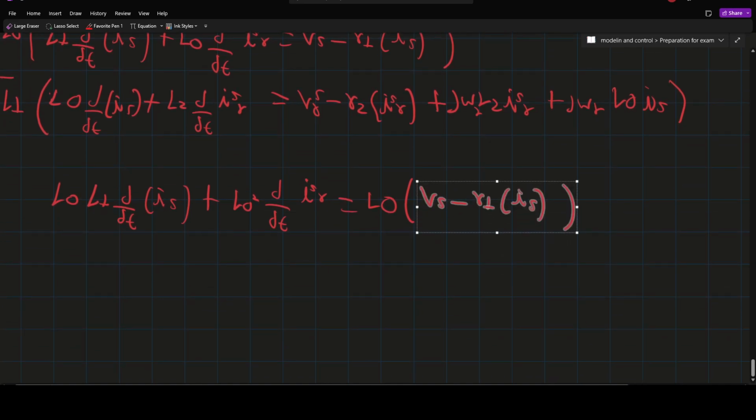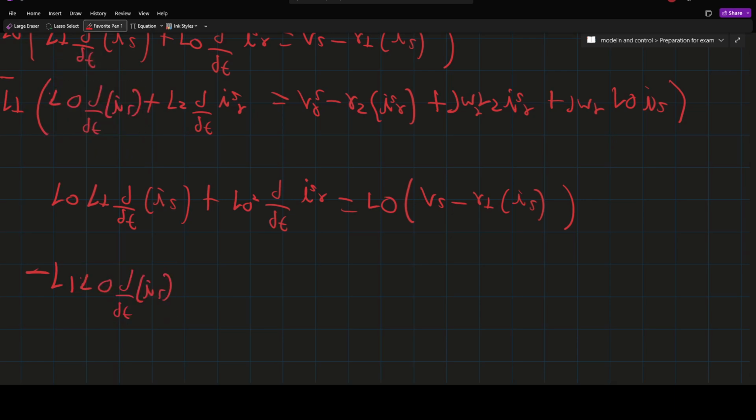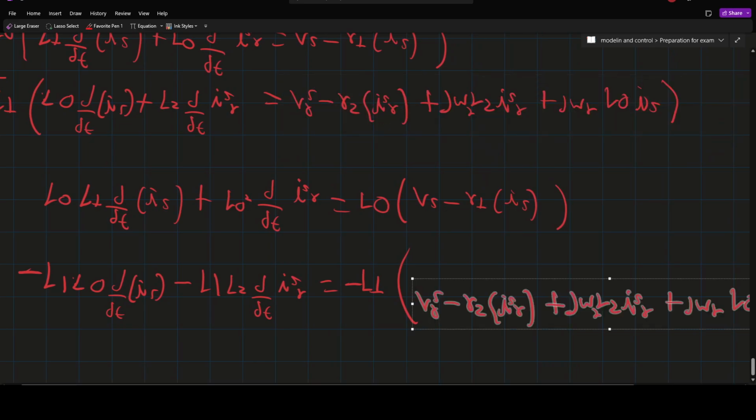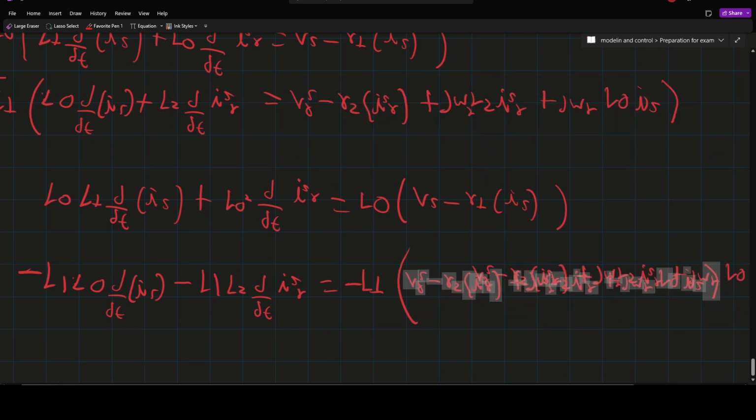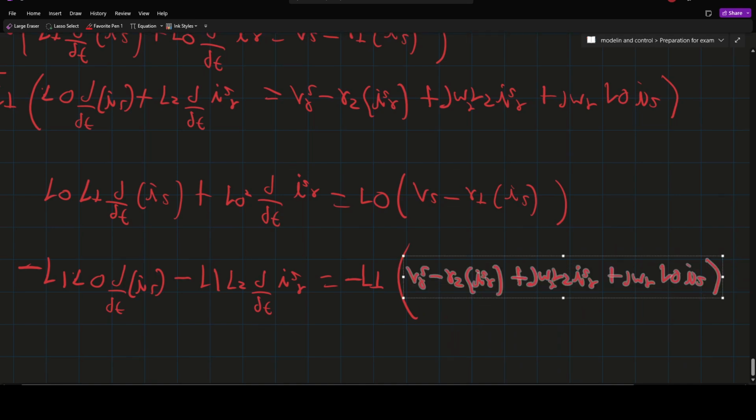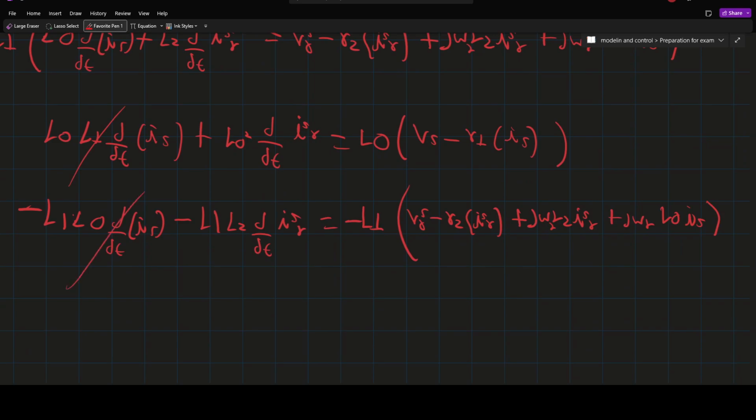Okay, and for the other side, we're going to have minus L1 times all of this, minus L1 times this, equals minus L1 that multiplies all of this. Okay, now we can get rid of these terms. We do the same, we collect the di/dt.